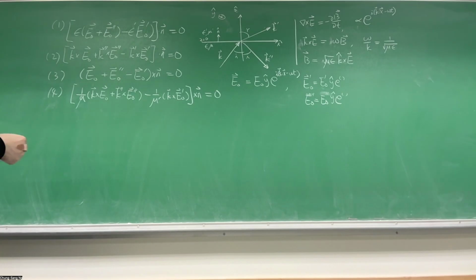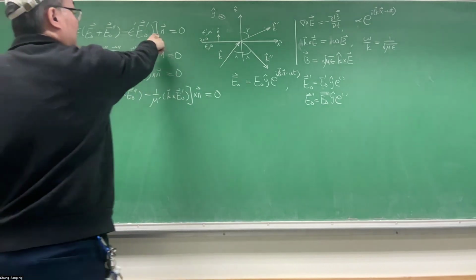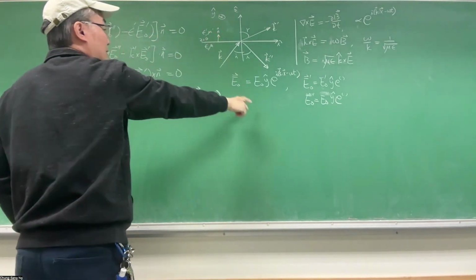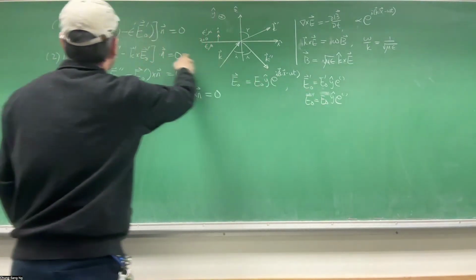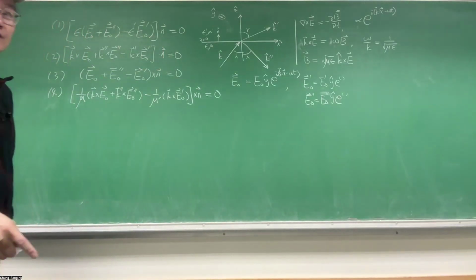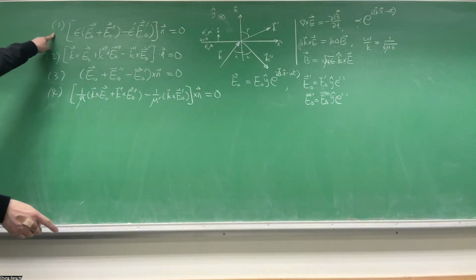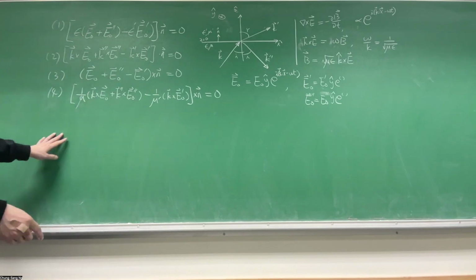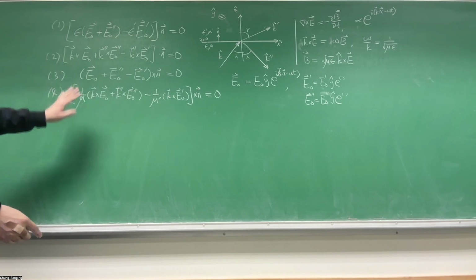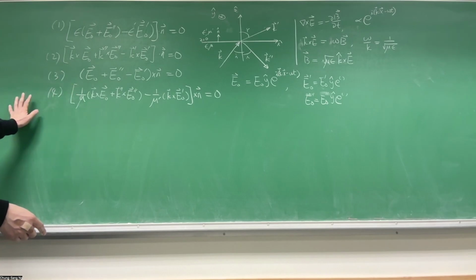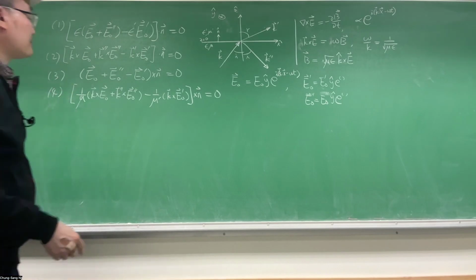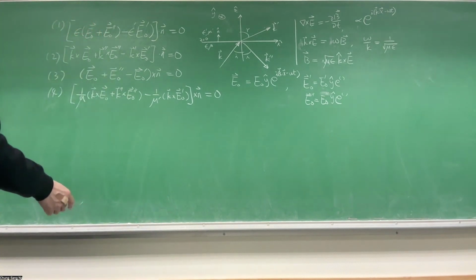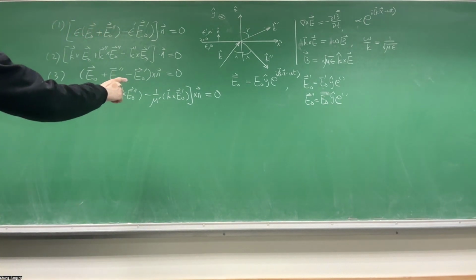One equation is trivial because n is along z and these are along y, so y dot n is 0. This equation is not useful. Equation 1 is not useful. We still have three equations, and two of them will give you the same condition, so finally you have two equations.